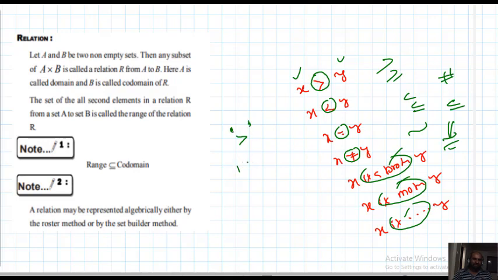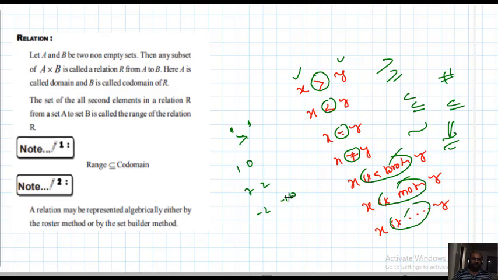1 is greater than 0, 7 is greater than 2, minus 2 is greater than minus 100. Between 1 and 0 I can write this symbol, as it satisfies the given condition. Between 7 and 2 I can write this symbol.